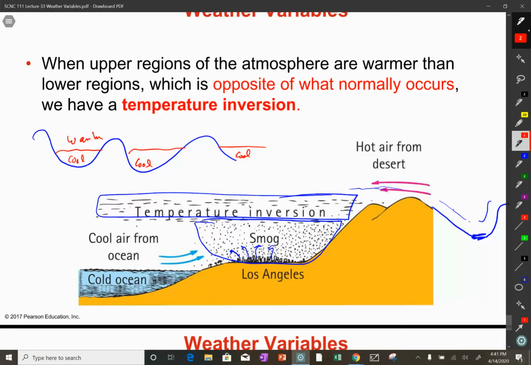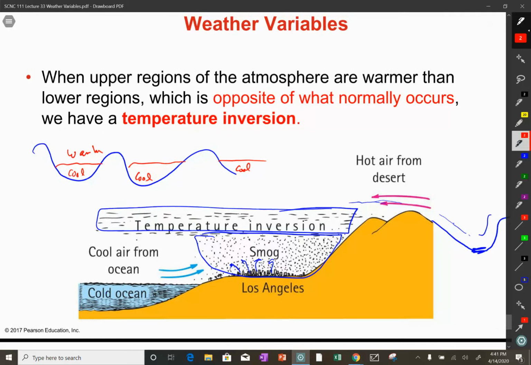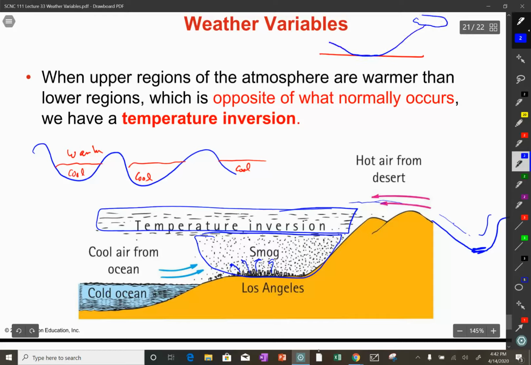It also has some cool features like mirages. A normal mirage you see when you're driving down the road, you look at the road and you see what looks like water on the road, and you're actually seeing, here's the road. You have the blue sky up here, and the light comes down and not hits the road, but bends back up due to refraction, and you see a mirage.